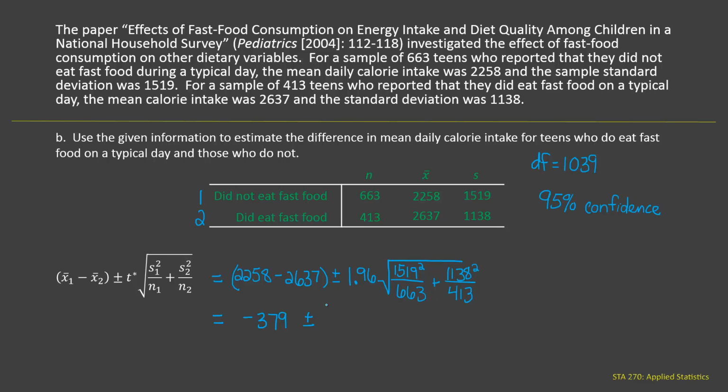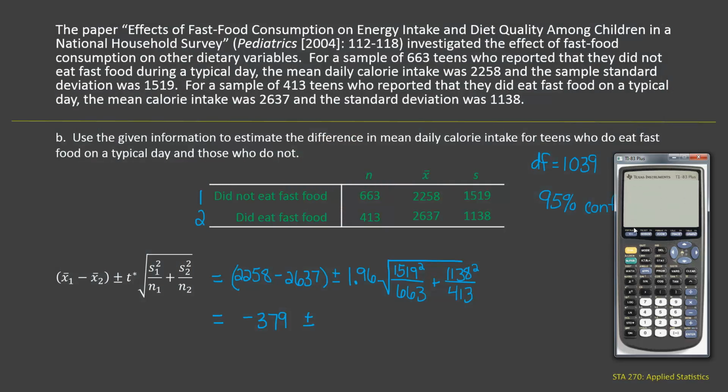Plus or minus, let me use my calculator and figure out this other value here. Okay, we'll clear out what we had there before. So I'm going to start with this 1519 squared again. 1519 squared divided by 663 plus 1138 squared divided by 413.